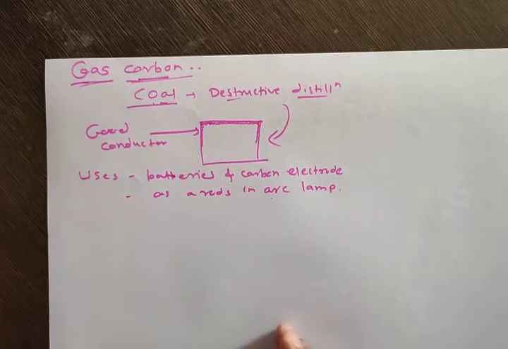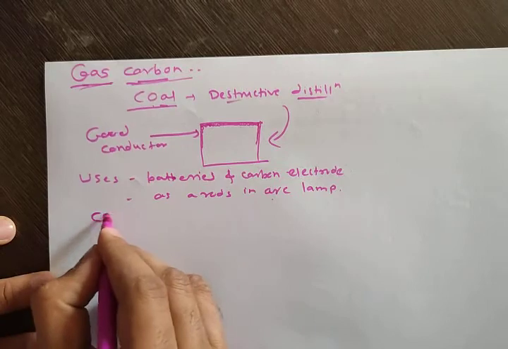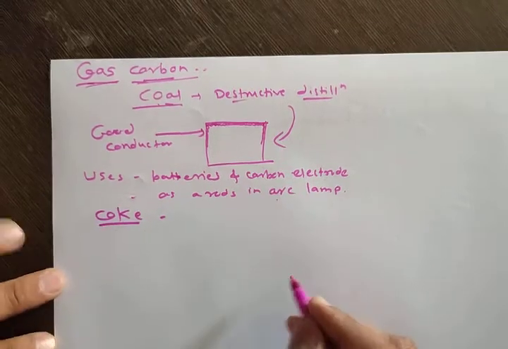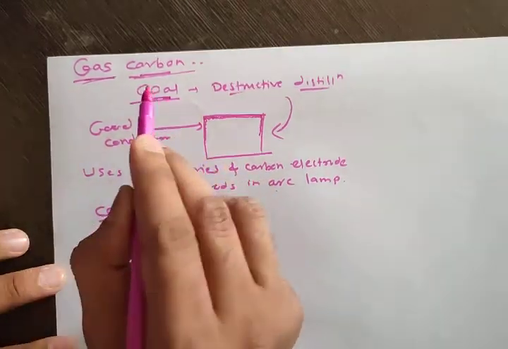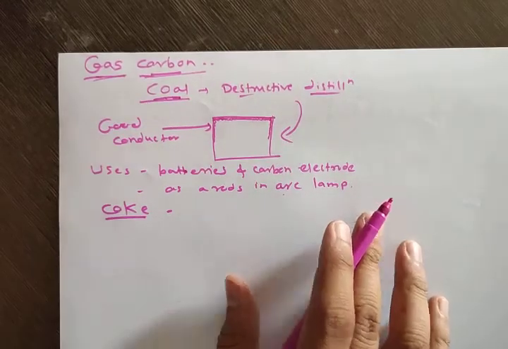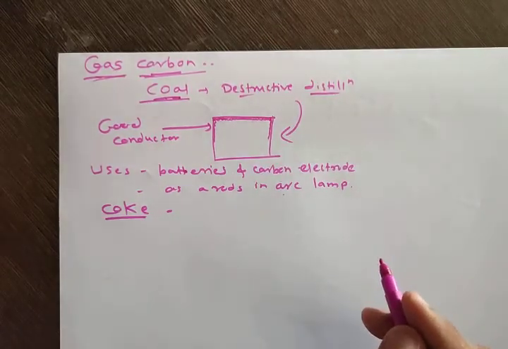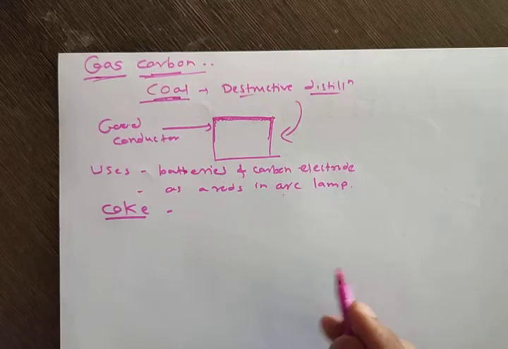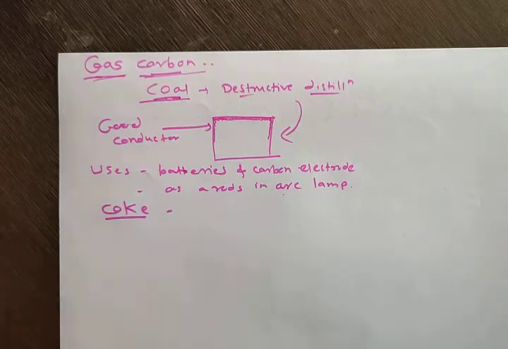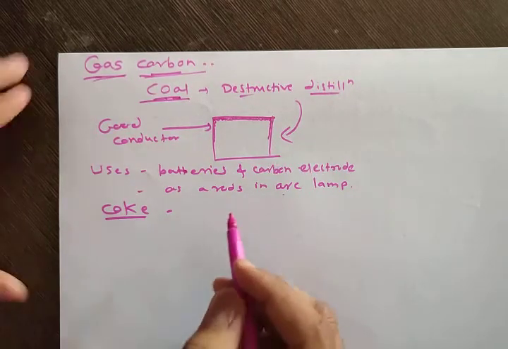the next type is coke. And this coal is different and coke is different. Okay, remember the difference. So coke is obtained as a residue during the destructive distillation of coal.